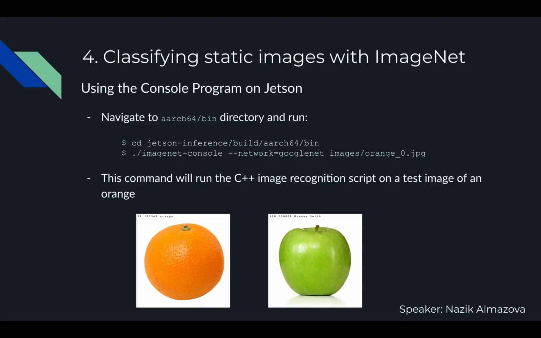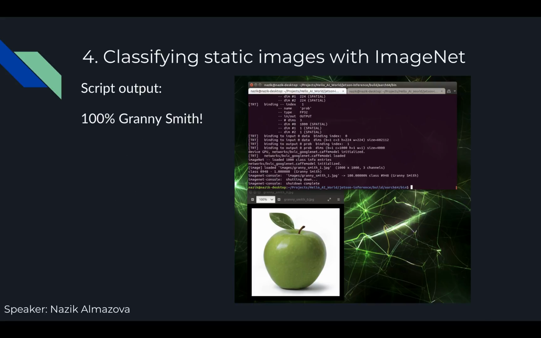This repository comes with some test images, and we'll be using an image of an orange. And here's shown a sample output for a green apple, which is predicted to be 100% Granny Smith.